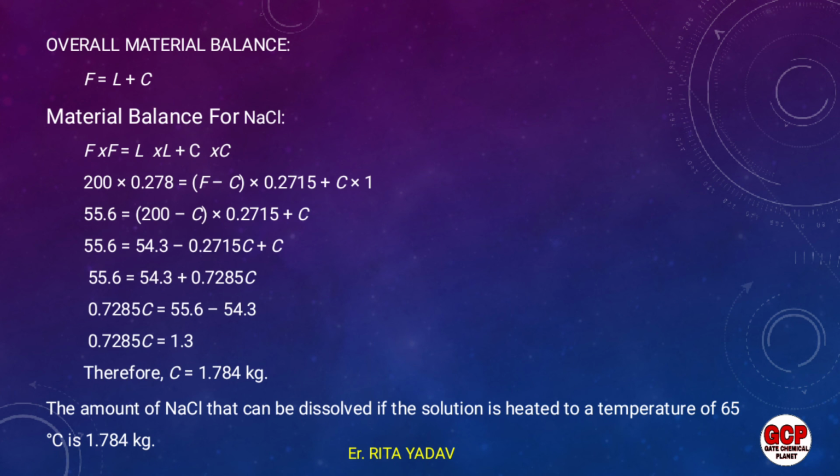Now first we will apply the overall material balance here, with the help of F equals L plus C, and then we will apply the component material balance. So we can easily write F XF equals L XL plus C XC, and we have the value of F, 200 given. Okay, and XF we have calculated, 0.278.